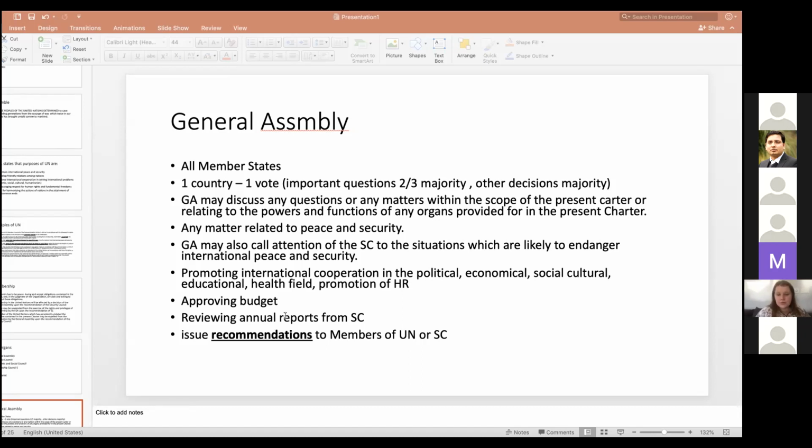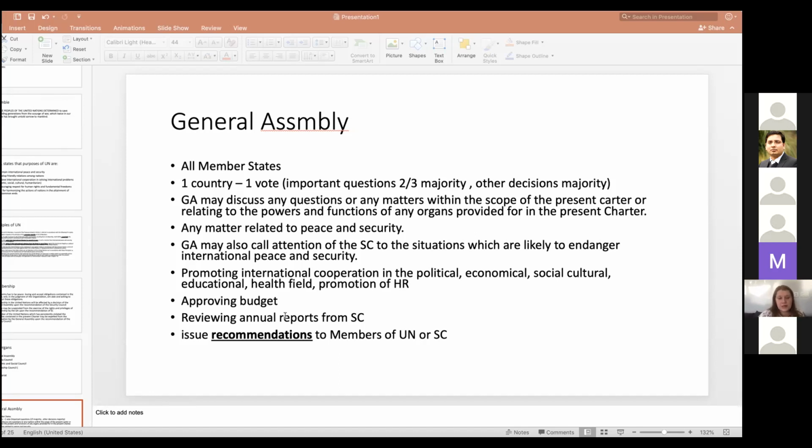But Assembly resolutions in themselves cannot establish binding legal obligations for member states. The Assembly is essentially a debating chamber, a forum for the exchange of ideas and discussion of a wide-ranging category of problems.